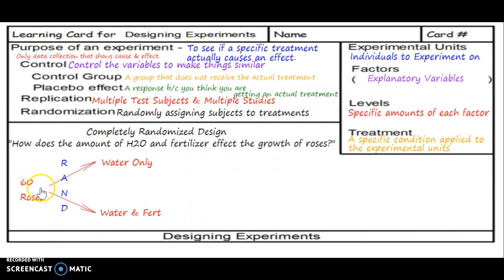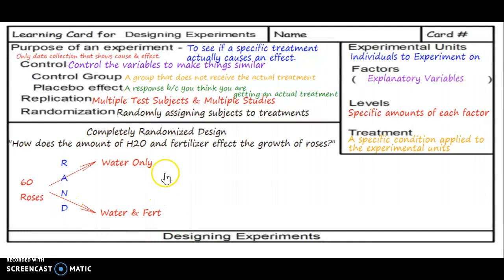So here we go. I'm going to randomly choose the 30 roses that go into the water only group, and then randomly choose the 30 roses that will go into the water and fertilizer treatment group. And then I run the experiment and I give all the 30 roses water only and then water and fertilizer.